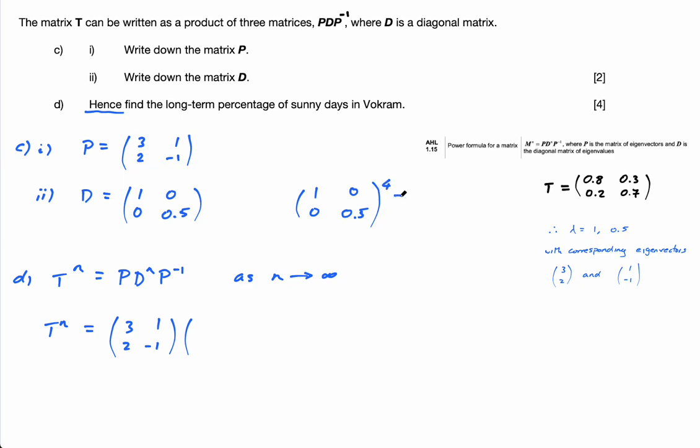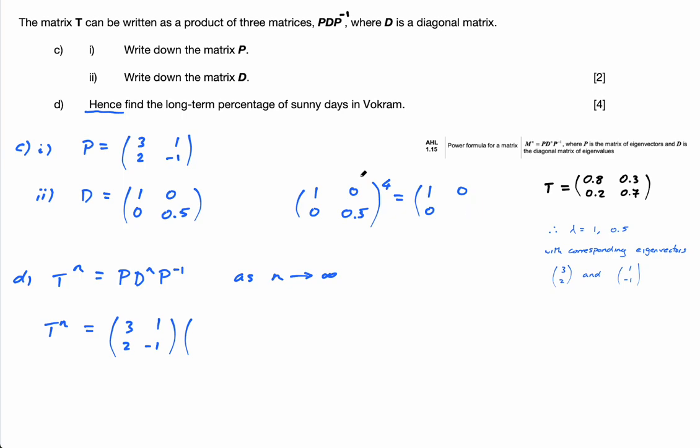This to the power of 4 is quite easy to do. It's 1, the zeros stay the same, and then 0.5 to the power of 4. You just raise these numbers to the power of 4. Because these are zeros, that's how it works when you multiply out two matrices. You can try it with a few different numbers and you'll see. So that's a diagonal matrix.